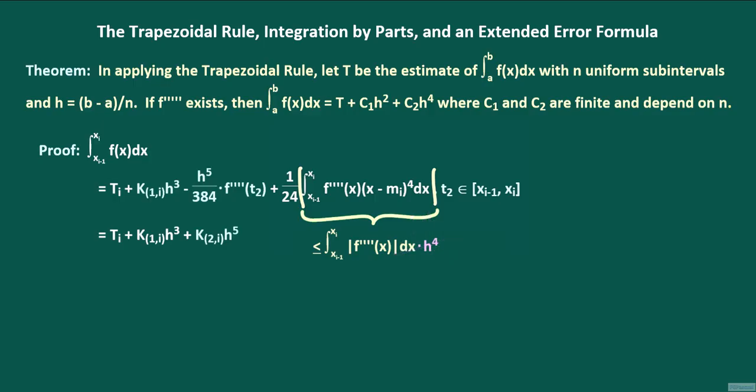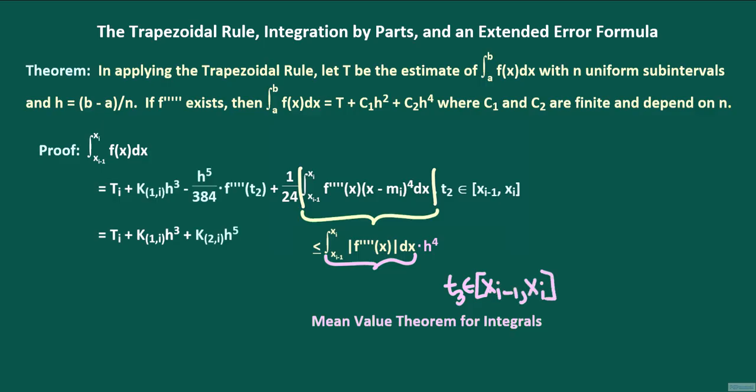We take h to the 4th power out of the integral since h does not depend on x. We apply the mean value theorem, this time for integrals, to the integral of the absolute value of f quadruple prime. According to the mean value theorem for integrals, there is a value t sub 3 between x sub i minus 1 and x sub i, such that the integral of the absolute value of f quadruple prime equals the absolute value of f quadruple prime of t sub 3 times h.